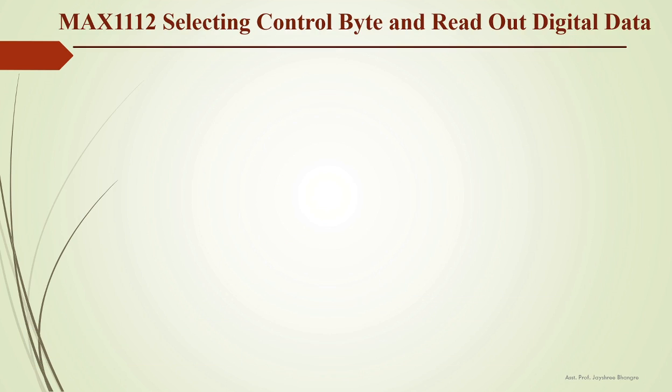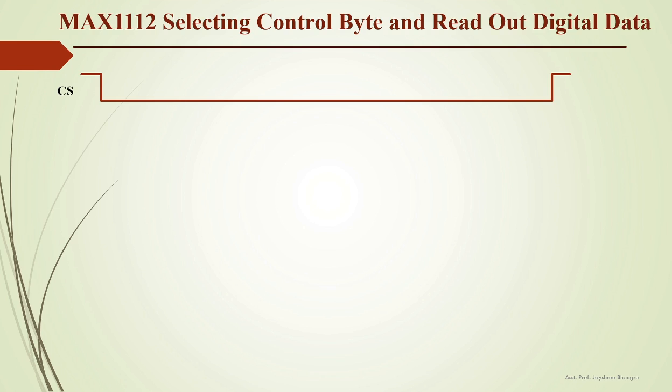So here is how we can select the control byte and how we can read out the digital data from the ADC chip. For giving the control byte to the ADC chip, the first signal is CS, that is chip select input. This chip select input must be low to activate the ADC chip.